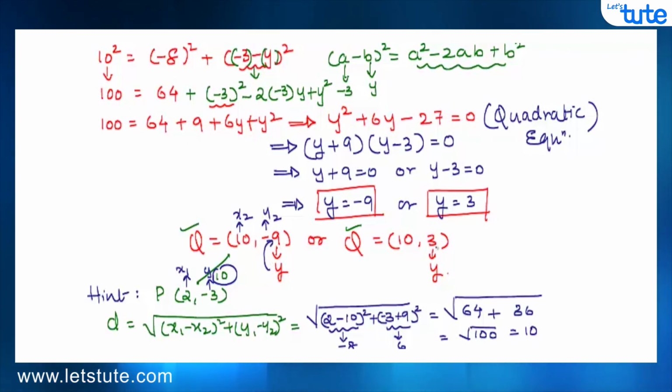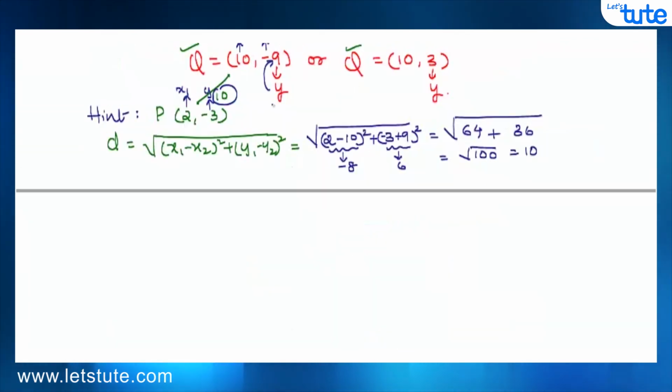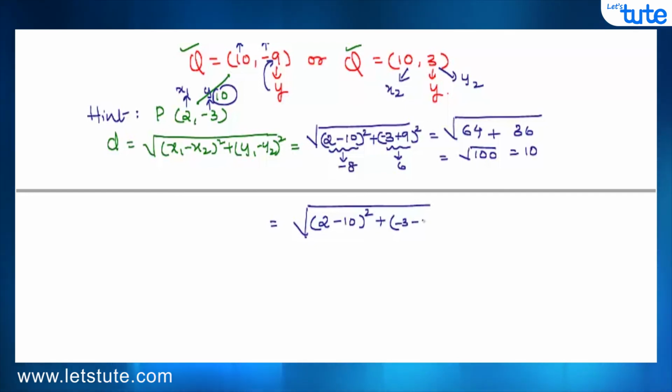Similarly, we'll check for the next point, that is y equals 3. Apply the formula on this Q. For that reason, we can take this as x2 and 3 as y2. So what will we get? Let us see. We'll have x1 as 2, x2 as 10 as it is, and y1 as minus 3, and this time y2 as 3, squared.